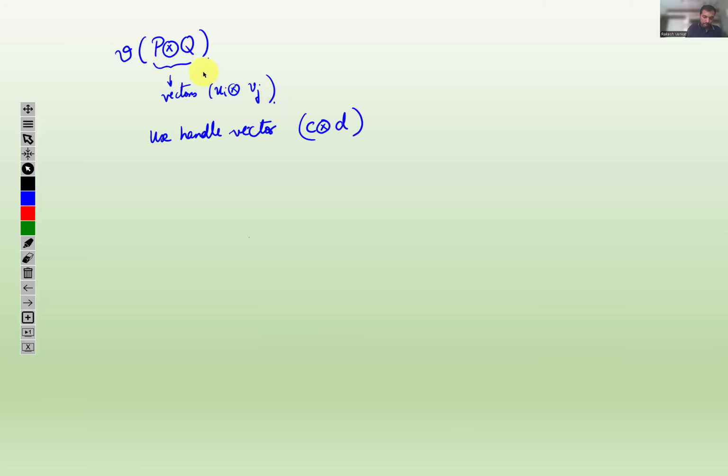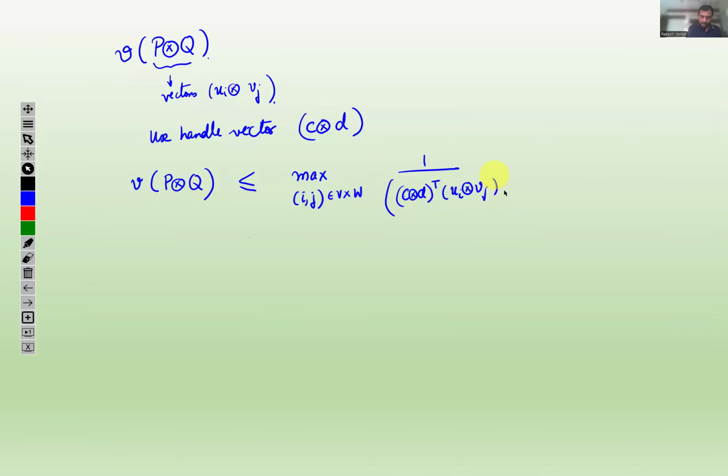So maybe there's a more optimal handle vector, I'm just not using it. And therefore you get an inequality of max over vertices, where vertices are i in V and j in W, of 1 over (c tensor d transpose u_i tensor v_j) the whole squared.